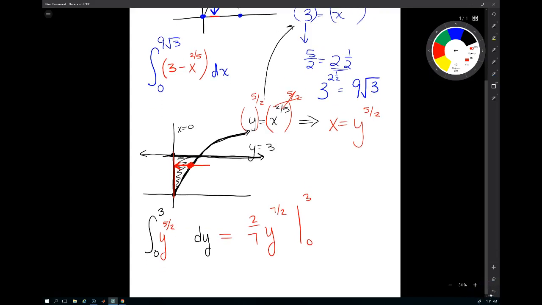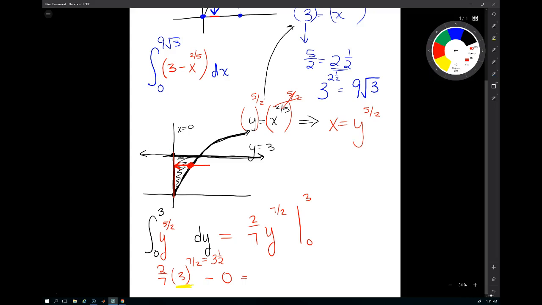If you plug 3 in, we're going to have 2/7 of 3 to the 7/2. And then if you plug 0 in, you're going to get 0. So again, it looks like this is where we're going to have to do that little trick with our mixed number. So 3 to the 7/2. 7/2 is the same as 3 and a half.